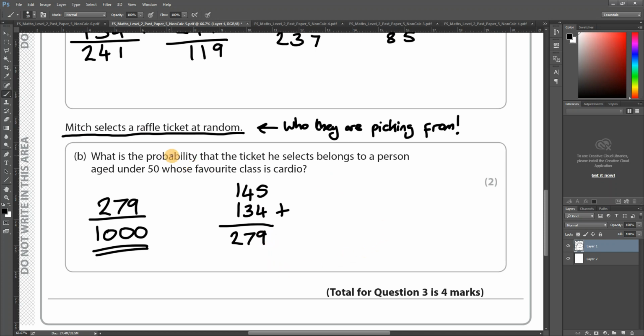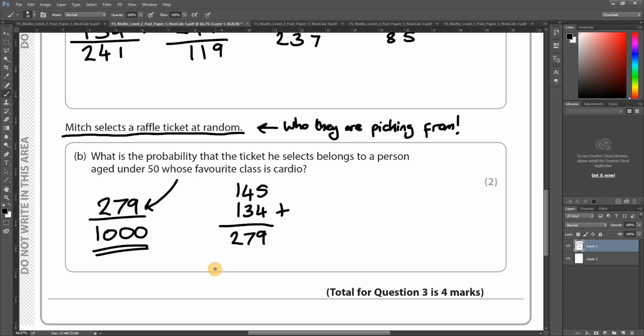Whenever you get any question like this, always separate it. They always do that in the exam. They will always have either 2 sentences, or they might say the whole thing in just one big sentence. In this case, they separated it into 2 sentences. The first sentence tells you who they're picking from, which is your denominator, and the second sentence, which is still part of the same question, tells you the numerator.